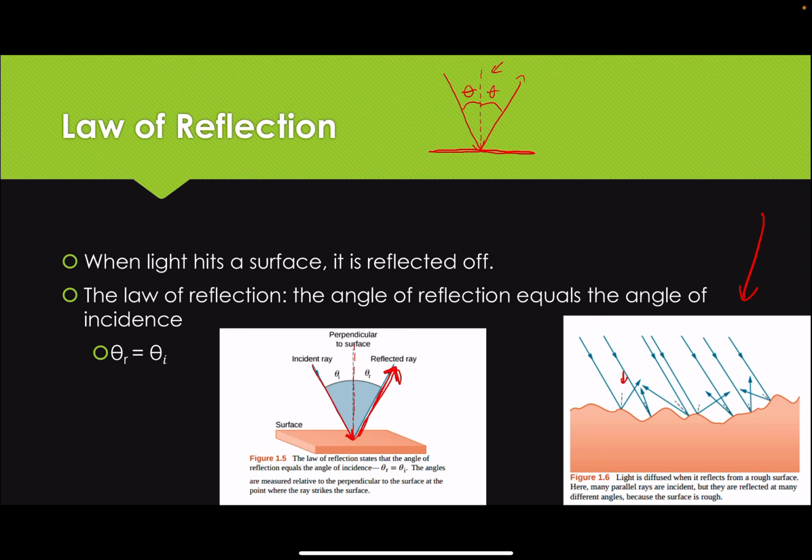But fortunately, not everything's smooth, because we wouldn't want everything to be chrome looking. Because things aren't smooth, light bounces off in different directions. But no matter what the object is, the light is going to reflect off at an angle equal to the angle it came in on.